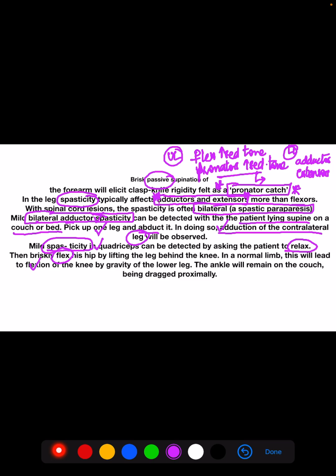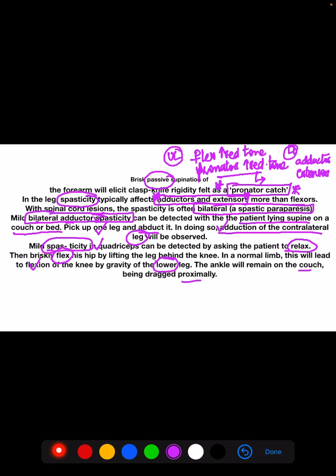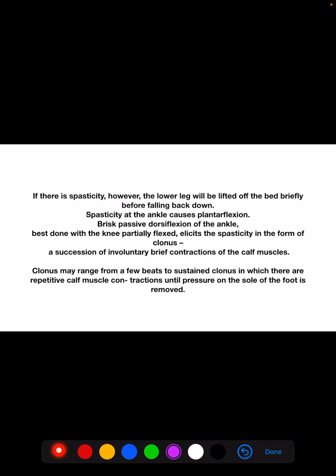There will be flexion of the knee because of the gravity of the lower leg, and the ankle will remain on the couch, being dragged proximally. But if a patient is having mild spasticity of the quadriceps, when you put your hand behind the knee and try to flex, the lower leg will be lifted off the bed.